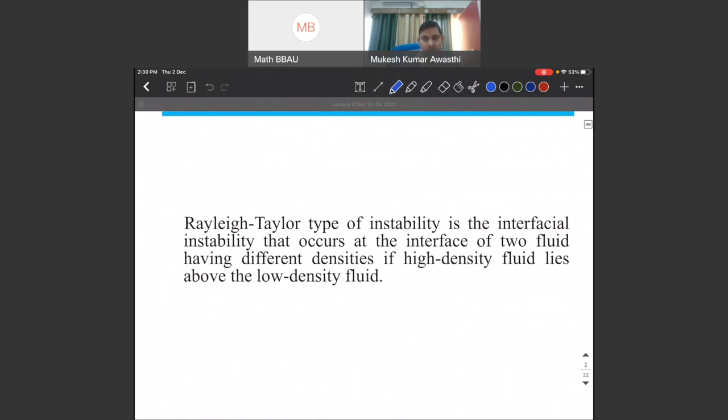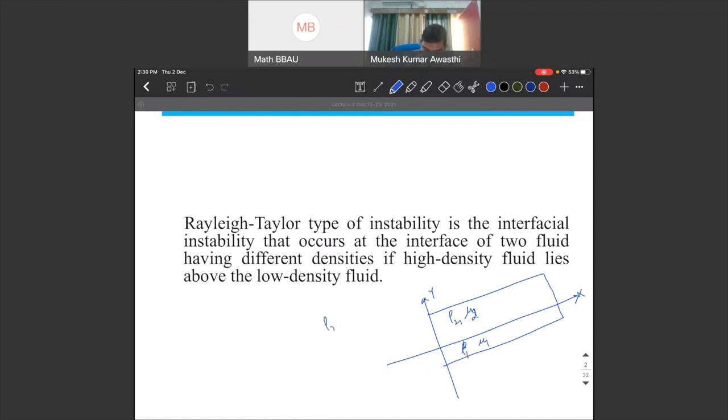Rayleigh-Taylor instability occurs when we have a statically unstable situation, meaning fluids are at rest and the upper fluid is denser than the lower one. In this case, we will consider this fluid arrangement. This channel is like this one. This is x, this is y, and it is rho 2, mu 2. This is rho 1, mu 1.